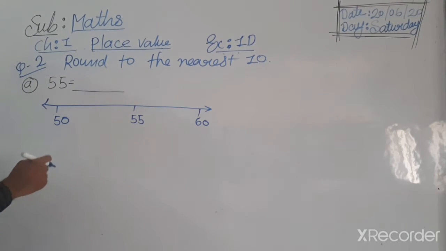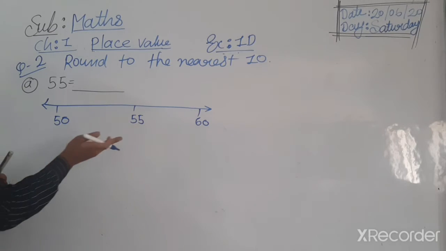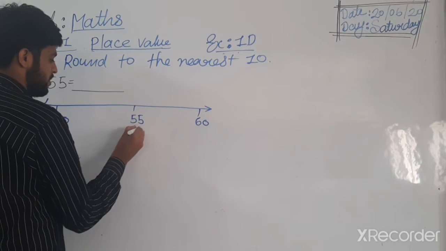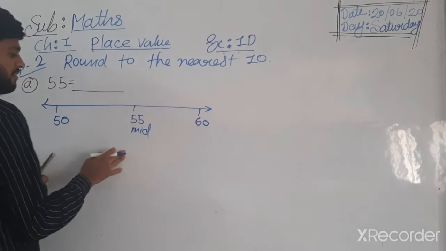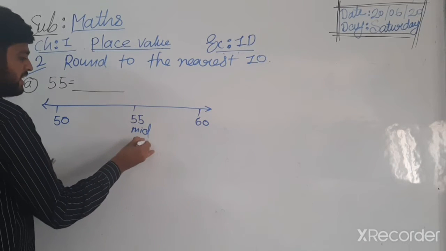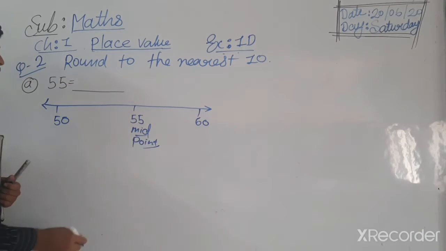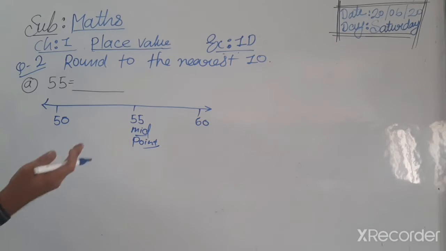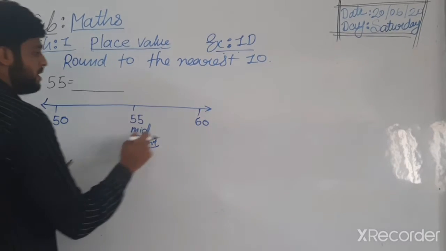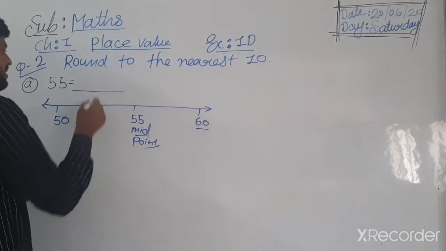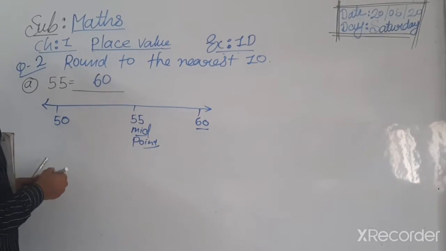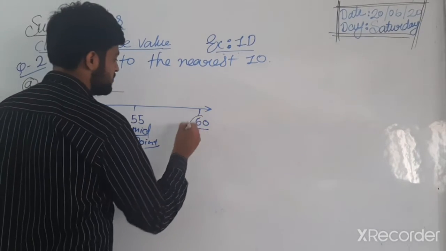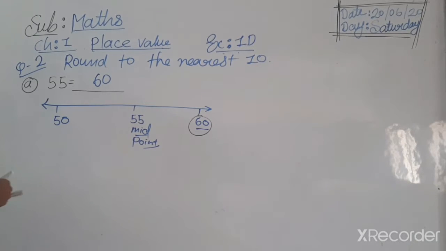Which number is the nearest? As a rule, we find the midpoint, and always take the larger number at the midpoint. Which ten comes here? 60. So that's why we write 60 here.